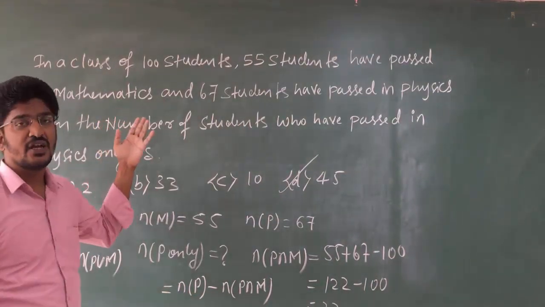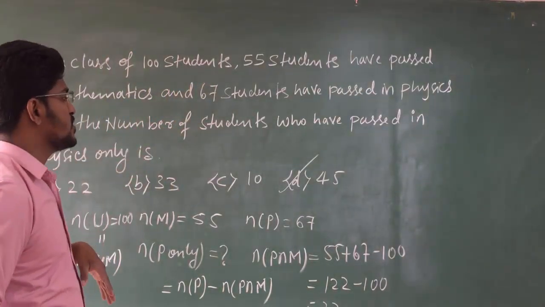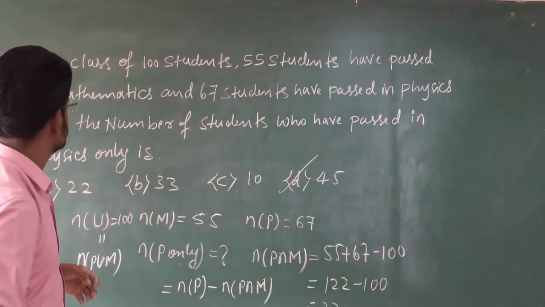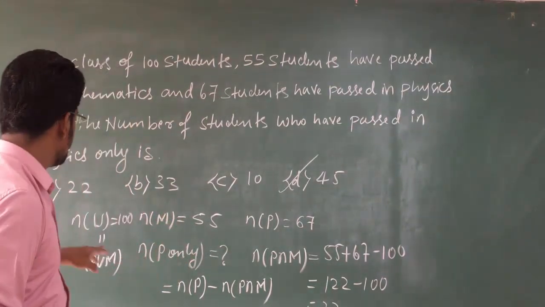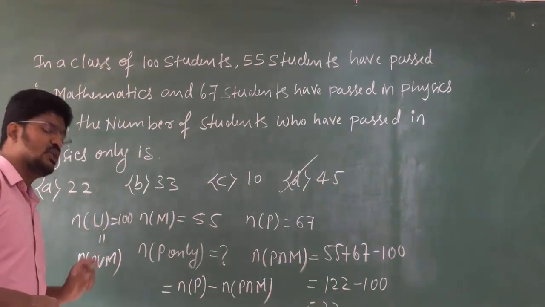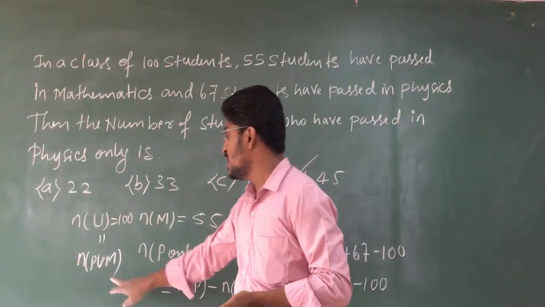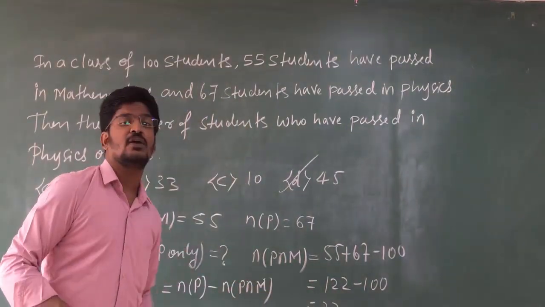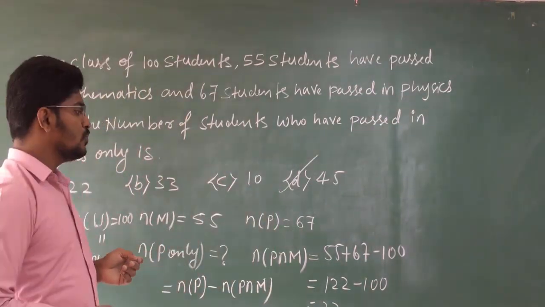There are a total of 100 students. 55 students have passed mathematics, 67 students have passed physics. That means n of U is 100. If n of U is 100, that is nothing but n of P union M, those who have passed physics or mathematics. So first you calculate n of P intersection M, that means those who have passed both physics and maths.